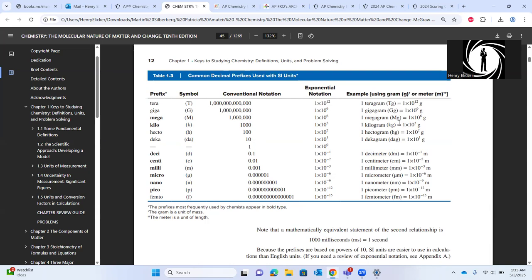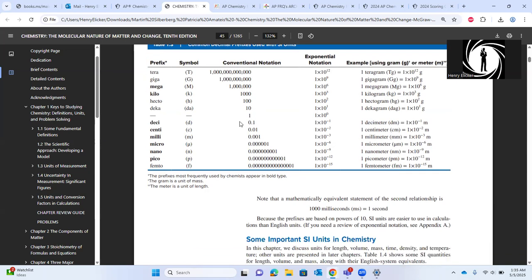How about mega? Well, it's got a big M and it means 10 to the 6th. That means 1 megagram is 10 to the 6th grams. How does that work on the other side of the scale, when we're talking about smaller amounts, really small things? Well, centi is a pretty popular one. Here's what it means. The factor it multiplies is not less than 0, but it's a fraction of a number.